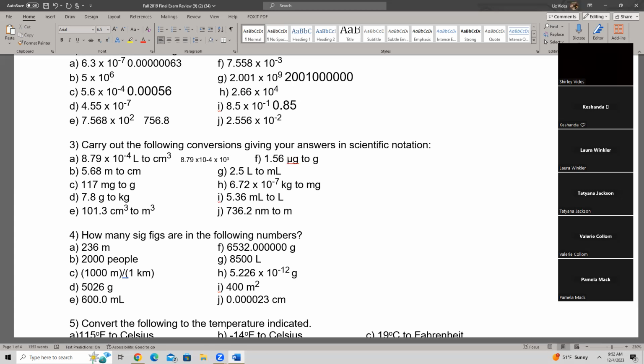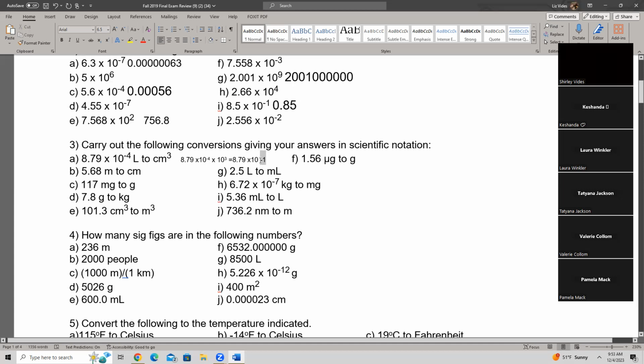Now, the answer to that, remember, is you add the exponents, and the exponents, when you add them, add up to -1. So it's 8.79 times 10 to the -1. And that's it. You're done. And that would be centimeter cube or milliliters, which is the same.